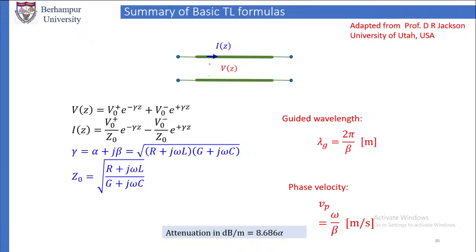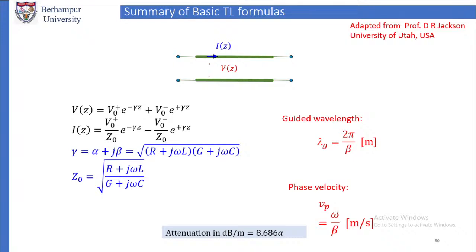The numerator term is R plus j omega L, denominator term is G plus j omega C. Then guided wavelength lambda g is 2 pi by beta. Phase velocity Vp is equal to omega by beta. Attenuation in dB per meter is 8.686 alpha. So this summarizes the basic formulas for the transmission line.